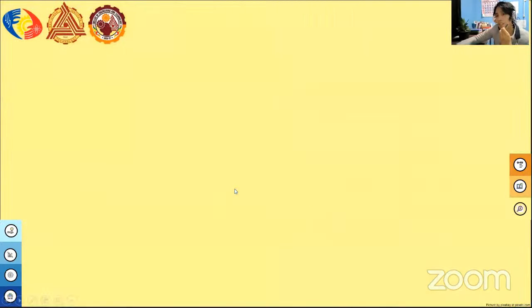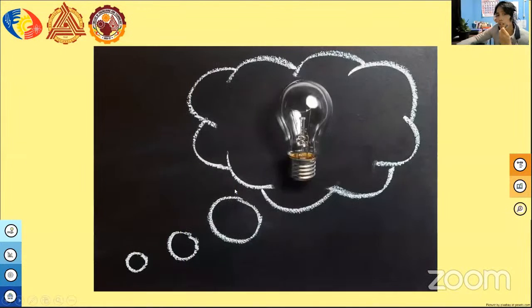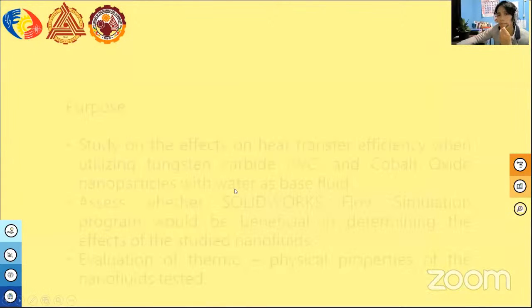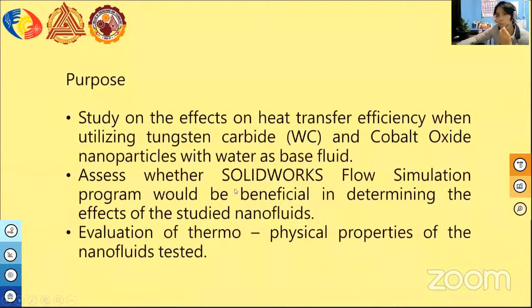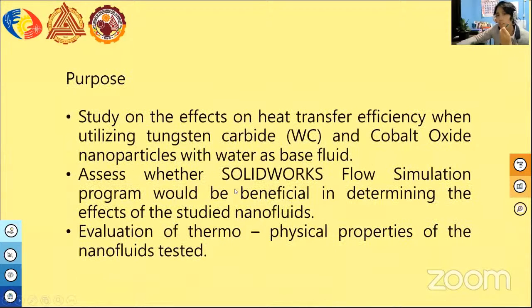Thus, such circumstance requires additional experiments on the heat transfer of nanofluids, which leads us into laying our objectives for this research. The purpose of this research is to study the effect on heat transfer efficiency when adding tungsten carbide nanoparticles and cobalt oxide nanoparticles to distilled water at laminar and transient regimes.